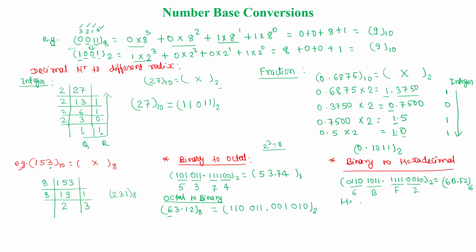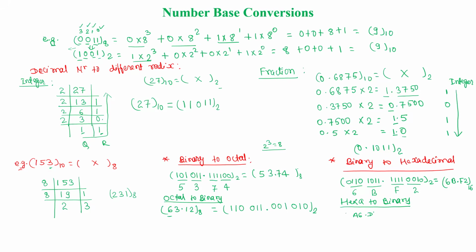Next we have hexa to binary. You have to take care that in case of octal, it is a combination of 3 bits, and in case of hexa, a combination of 4 bits. So now from hexadecimal to binary, suppose we write a number, A6.D.